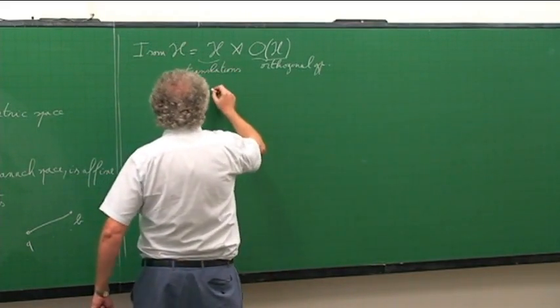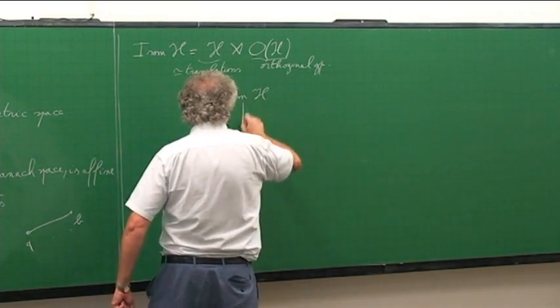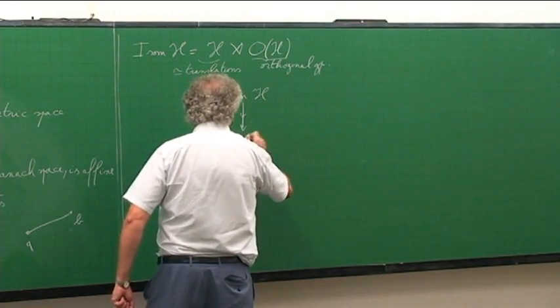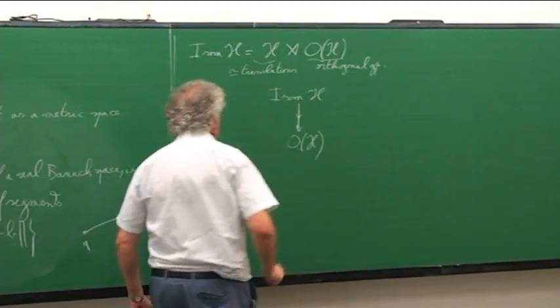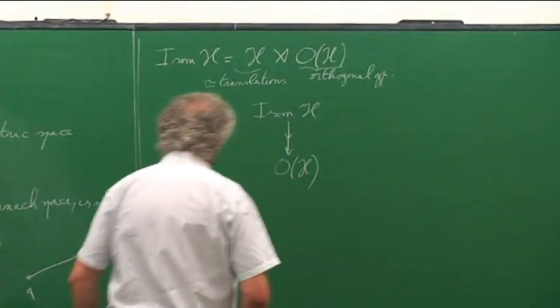And in particular, we have a canonical quotient map from the group of isometries to O of H.